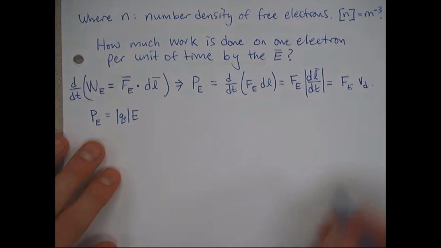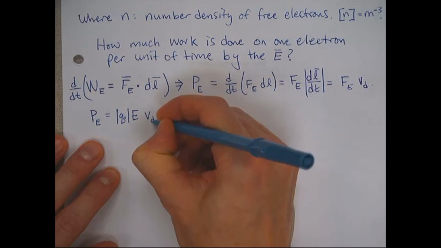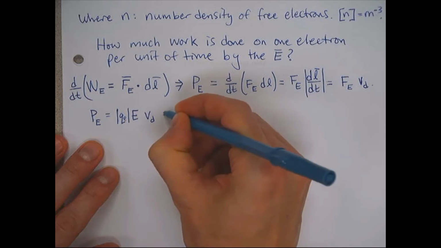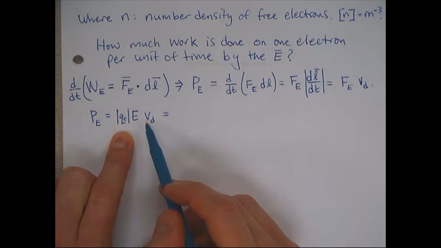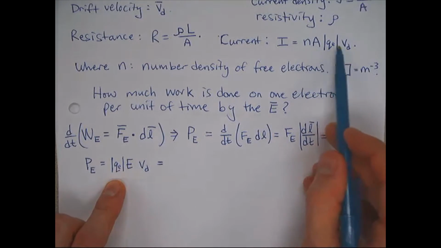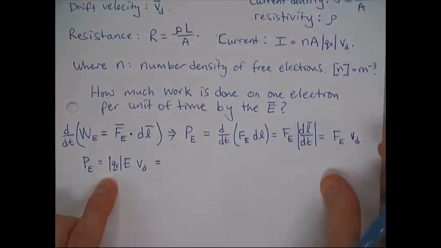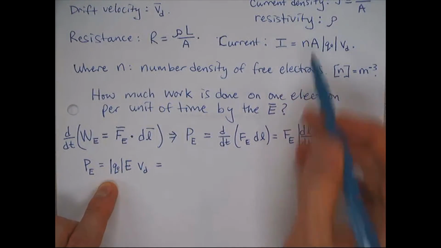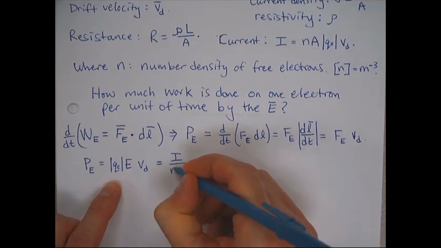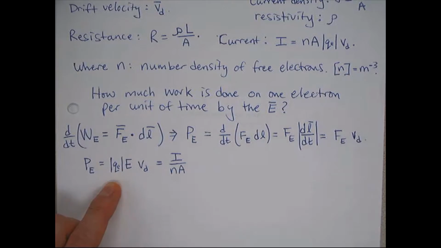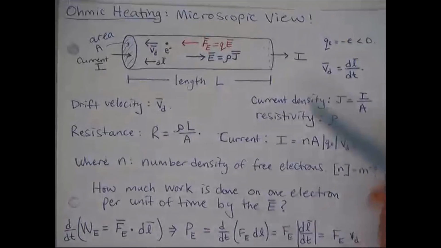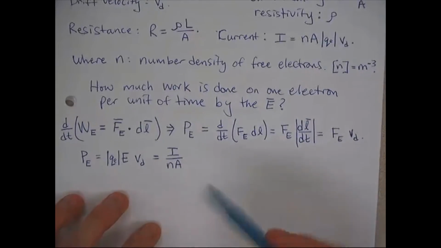That's your force. And we have Vd. Let's rewrite this, taking out the Q Vd from our definition of the current, the product of Q magnitude Vd is simply the current divided by lowercase n area A, and the E field will replace with magnitude of rho J.